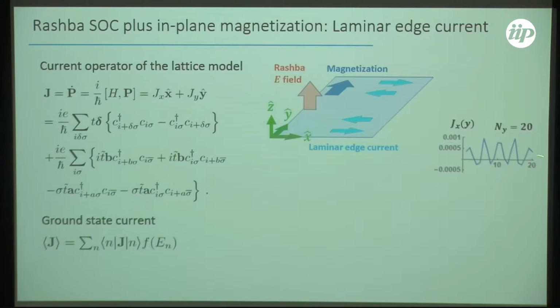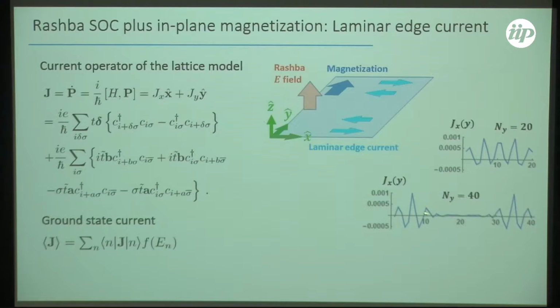Now we show this by diagonalizing this whole lattice in a strip geometry with a finite width. For instance, this is the current that is flowing in the x direction plotted as a function of the transverse coordinate y here. And here I'm showing you the simulation in a strip of 20 sites width. You see that there are some positive and negative currents, non-zero. And then you can go ahead and calculate a wider strip, let's say from 20 sites to 40 sites.